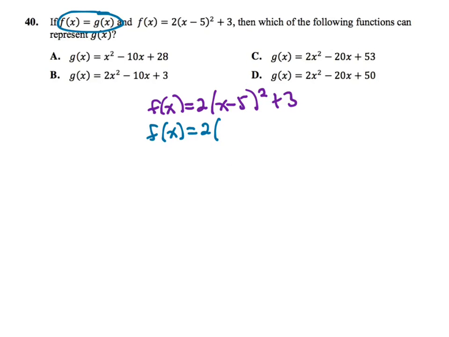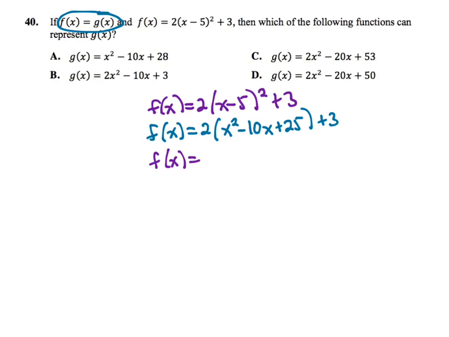That's going to be a squared, so there's x squared, plus 2ab. It's going to be negative twice negative 5x, so negative 10x, plus b squared, so that's going to be plus 25, plus 3. Make sure these are in the parentheses because I still need to distribute that too.